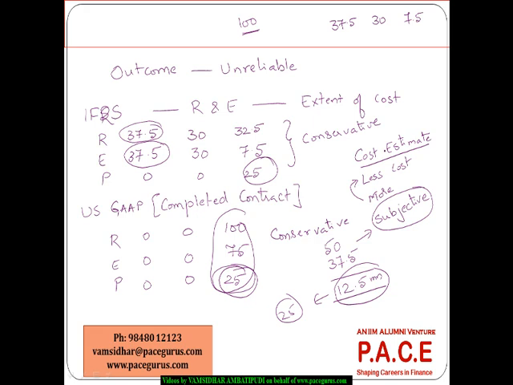One more important dimension in terms of the assessment of the recognition. So it's more subjective, but on the positive side, I see that my profits are generally smoothened out, right?